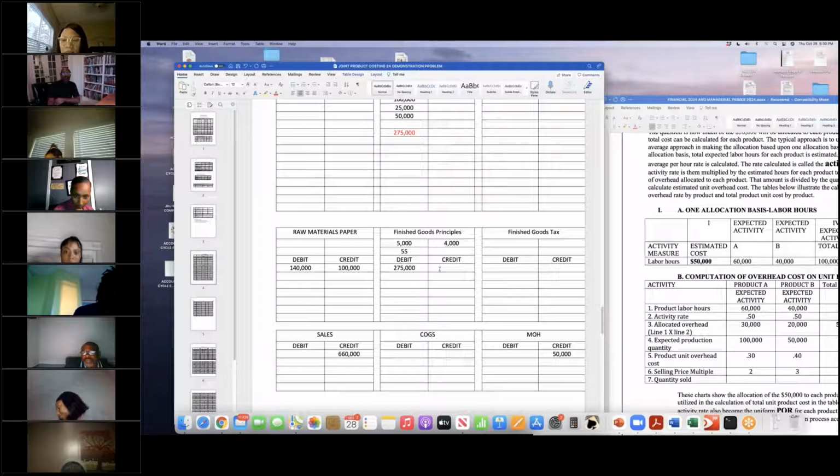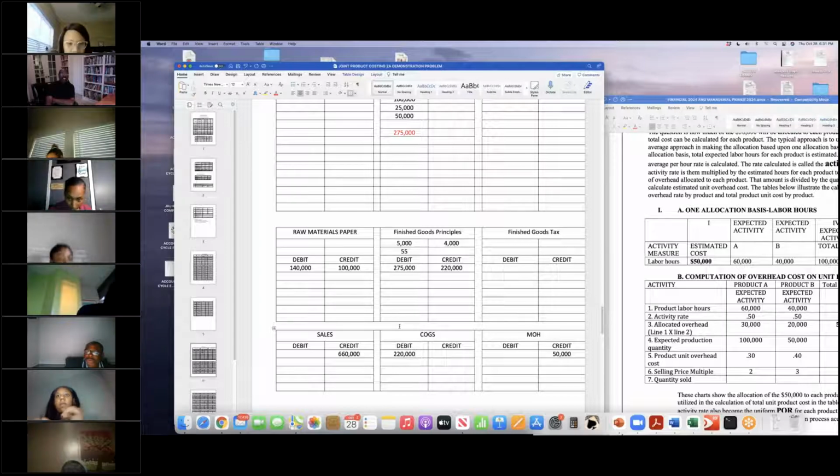So 220 is coming out of finished goods and going into cost of goods sold. So it's just sort of using one sales account and one cost of goods sold account.